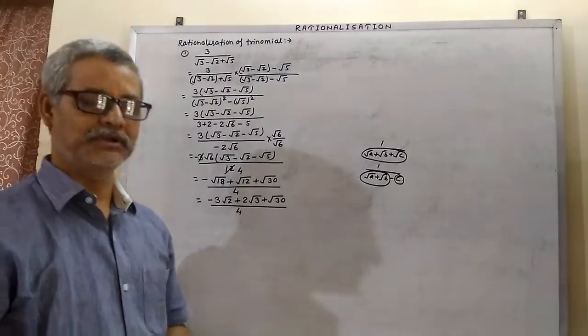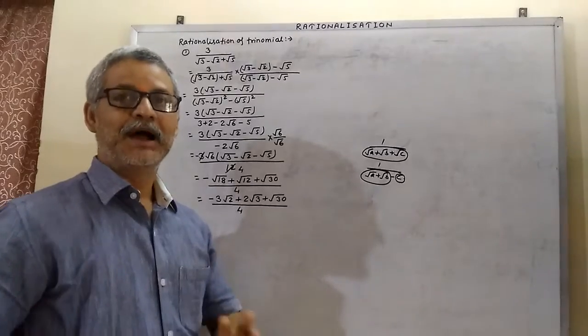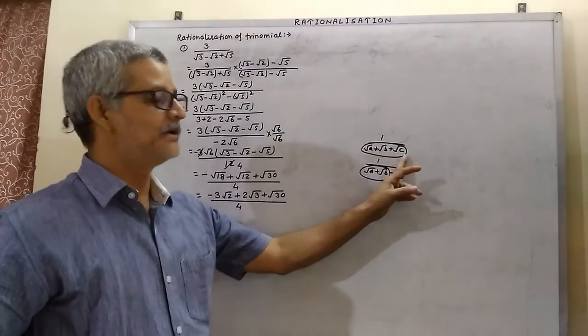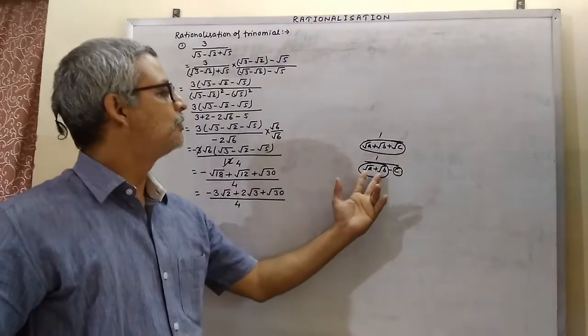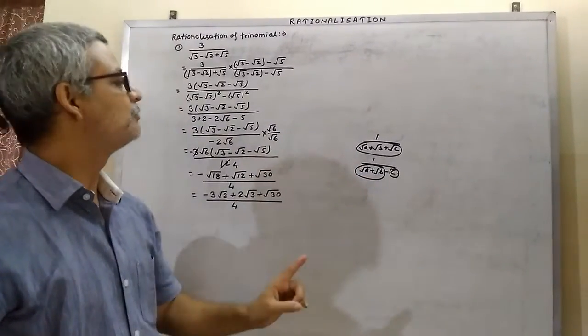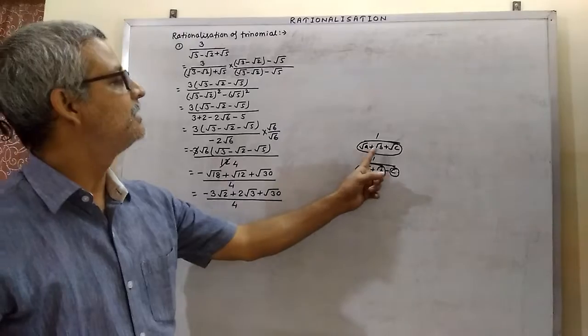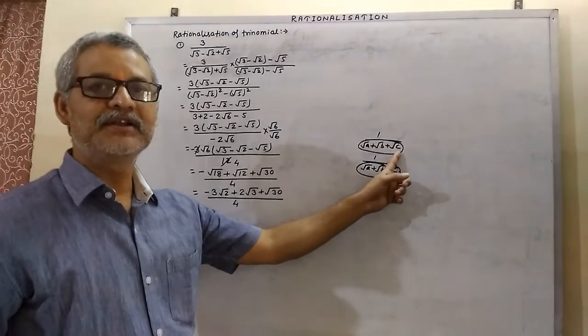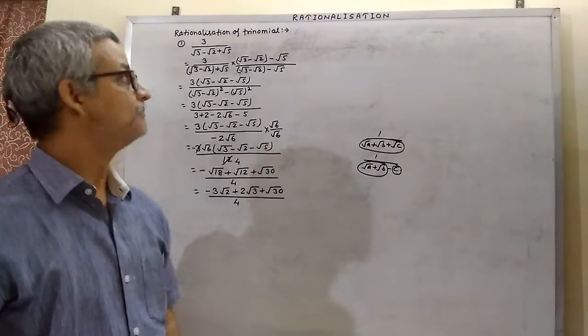These two types are possible: either all three terms are irrational, or two terms irrational and one term rational. So first, I explain the question when all three terms in the denominator are irrational.